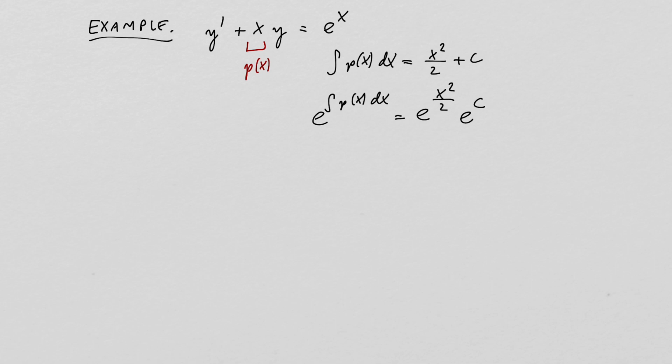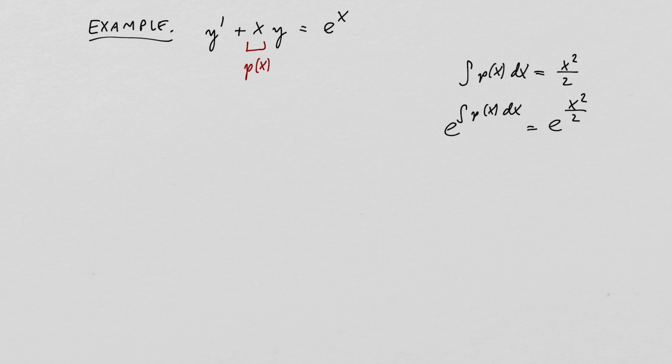In this case, we don't need to have this integration constant here. So we are led to the conclusion that we must multiply both sides by this function.